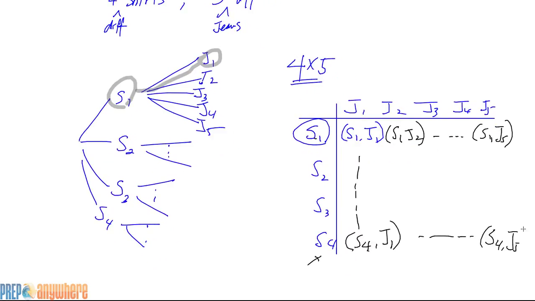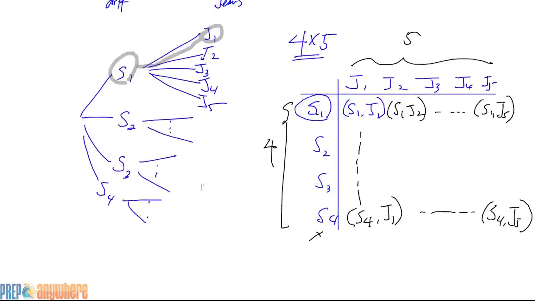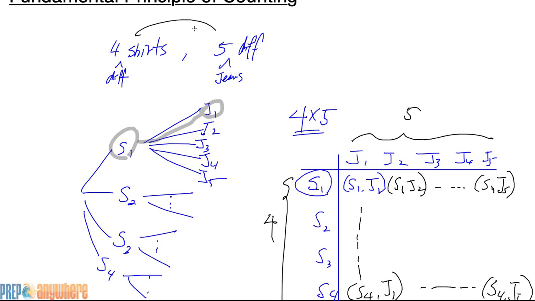How many brackets do I have in this box? It's clearly 4 times 5. So we just ended up multiplying the two numbers.